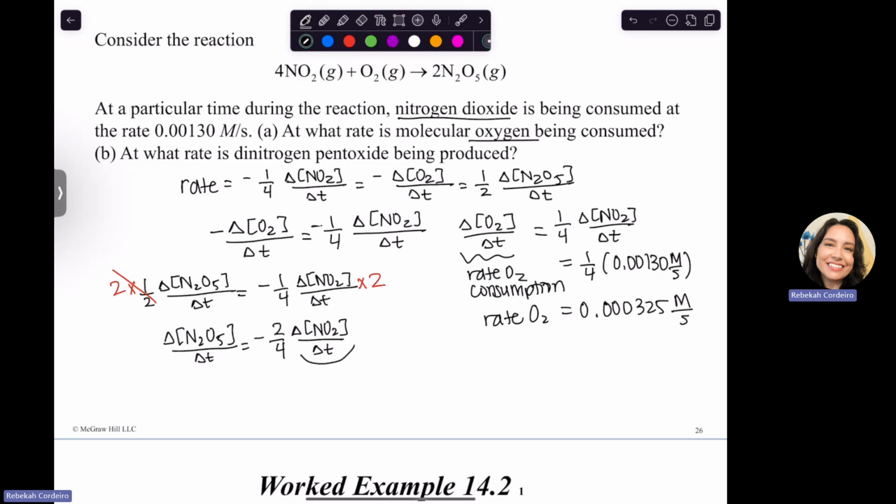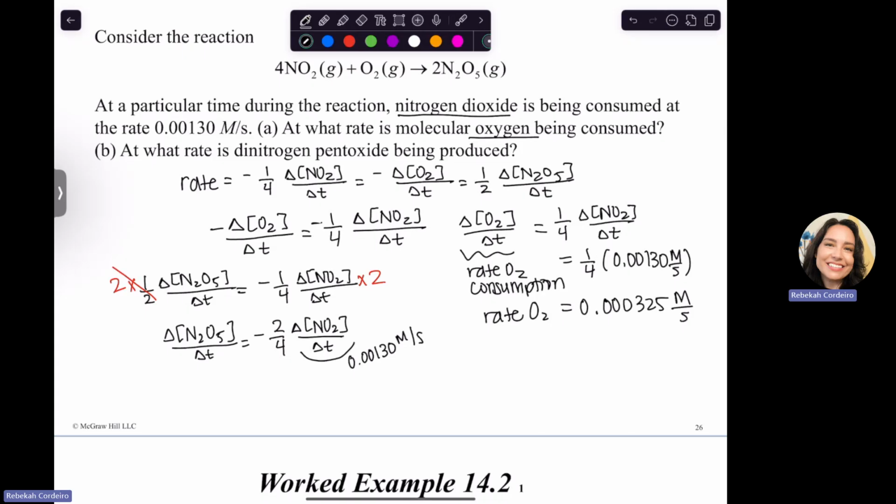We know that this is 0.00130 molar per second. So we'll just multiply and divide. If you want to reduce 2/4, you can, or you can just put it into the calculator like that. The thing about this is that this is the rate of disappearance, so we're going to ignore the negative there.